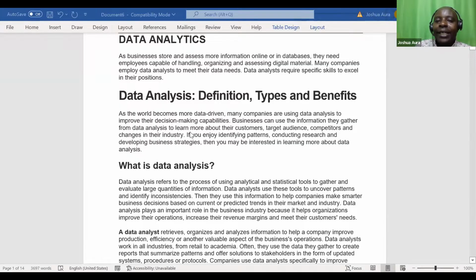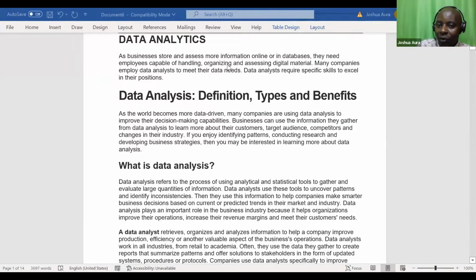If you enjoy identifying patterns, conducting research, and developing business strategies, then you may be interested in learning more about data analytics. So, ladies and gentlemen, the most important thing you're supposed to appreciate about this concept of data analytics is that, as data analysts, we need to collect data and organize it very well.